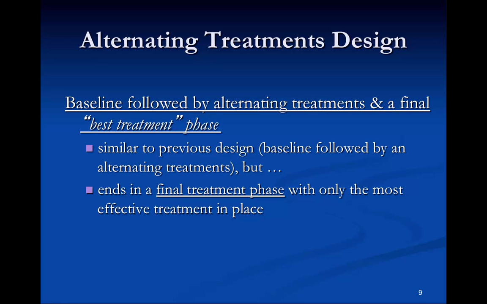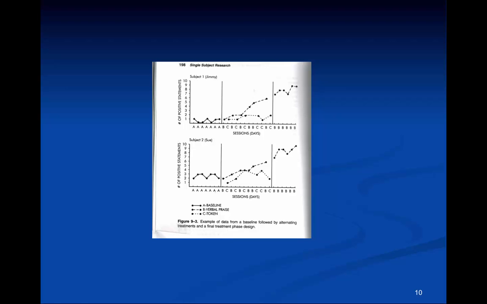Also, you could have a final treatment phase and add that, which again would certainly make the design stronger. The question is, do you need to? But here it is. Same data, same guys, Jimmy and Sue, same function, except now here's the best one, and wow, look how different that is from the initial baseline.